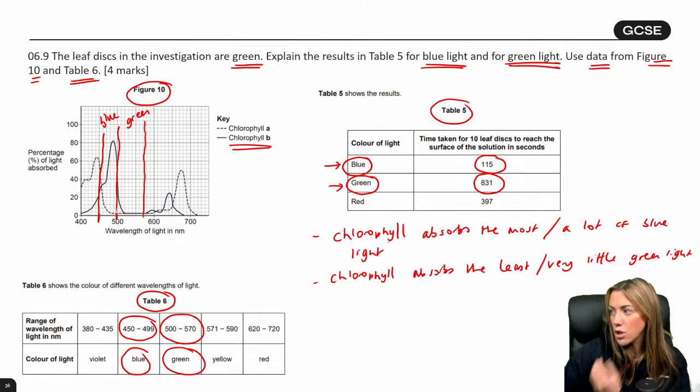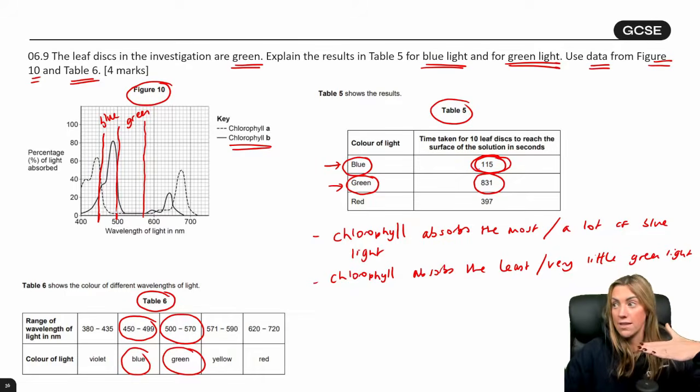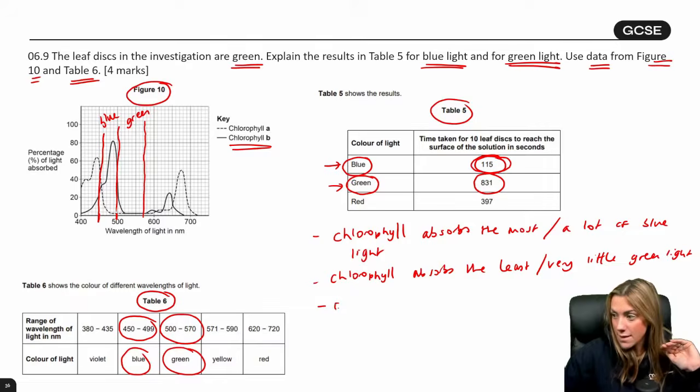So if chlorophyll absorbs a lot of blue light, we can see the leaf discs took far less time to reach the surface, which is telling us they are photosynthesizing faster in blue light, producing more oxygen faster, which is pushing them up to the surface faster. So that makes sense. So let's try and explain this.